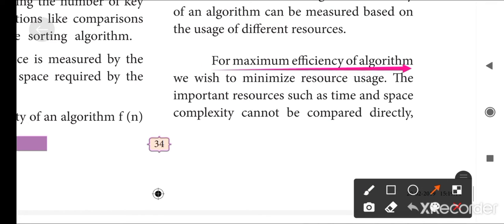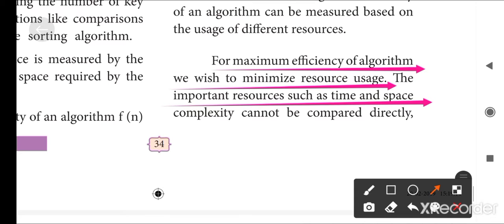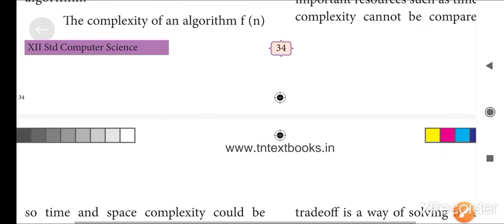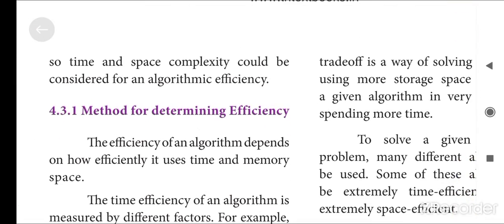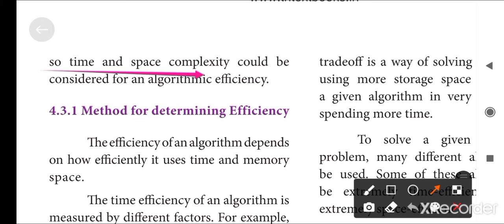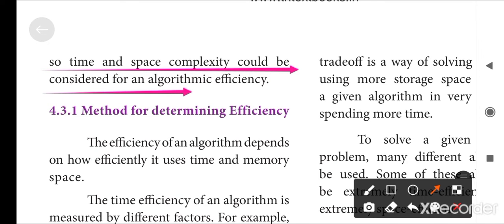For maximum efficiency of an algorithm, we wish to minimize resource usage. The important resources, such as time and space complexity, cannot be compared directly. So, time and space complexity could be considered for algorithmic efficiency.